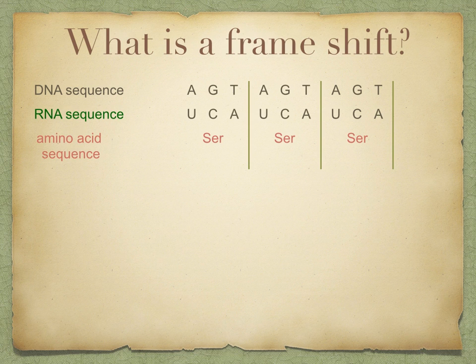It's going to code for the amino acids serine, serine, serine. Now, if you mutate that DNA sequence by addition, deletion, or duplication, the amino acids they code for are going to be changed. This means that the amino acid sequence is also going to be changed.